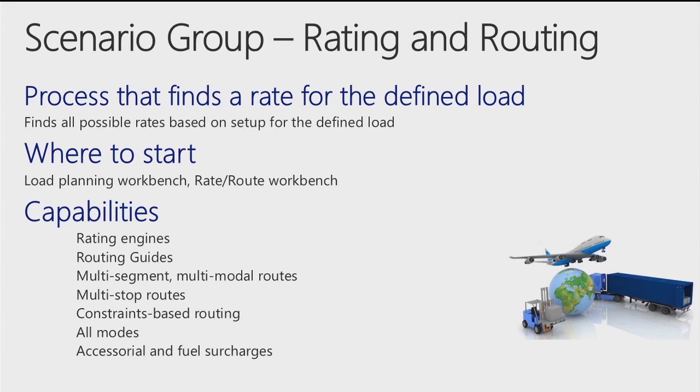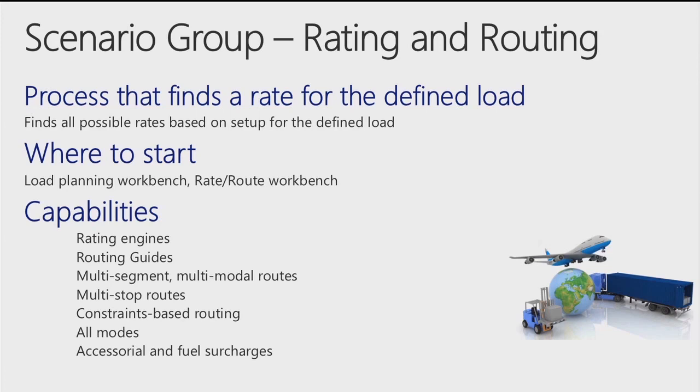The central concept in the rating and routing process are the rating engines. The rating engines are basically where we make a setup of the costing structure for finding the best rate. The rating engines can be very simple means for finding the best rate, for example, establishing a web link with one of the carriers where we then pass on some information about the cargo that we want to transport.